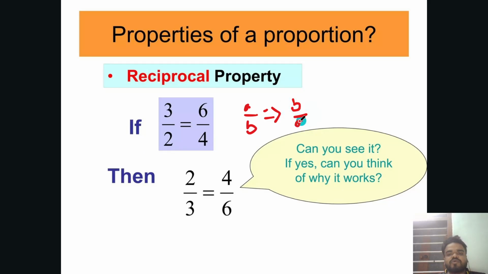This is the reciprocal of this fraction. a by b is the reciprocal of b by a, or b by a is the reciprocal of a by b. Here is an example. 3 by 2 is in ratio with 6 by 4. If you reciprocate, if you reverse or invert, it will become 2 by 3 or 4 by 6. After inverting also, they are proportional to each other. Got it? Got it.